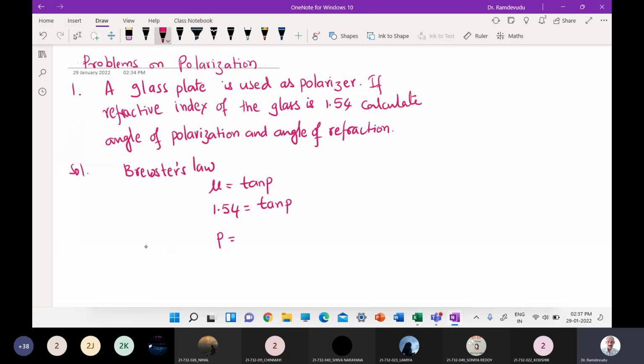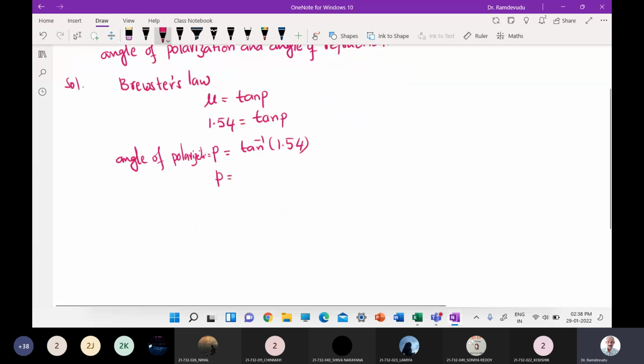So p is equal to tan inverse 1.54. Now how much do I get? p is 57 degrees. That's all.